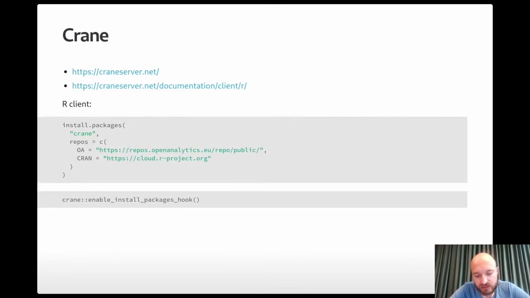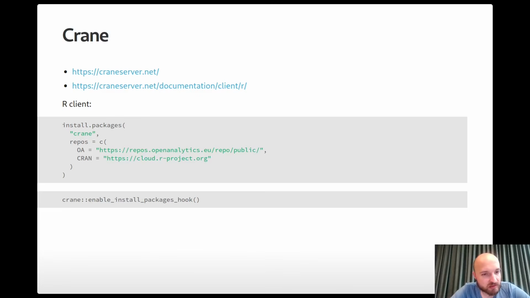You can view more information on CRAN and the documentation at cranserver.net. Basically, CRAN is a hook that is launched whenever you use the install.packages command and a CRAN server is met during downloading the package. So to use this install packages hook, you'll need to install the CRAN package first.